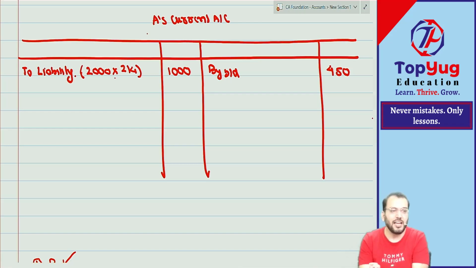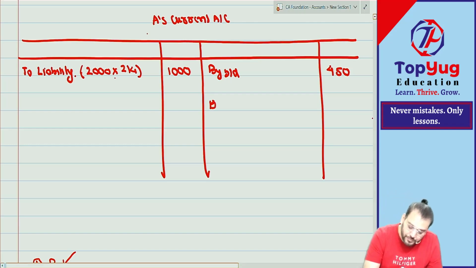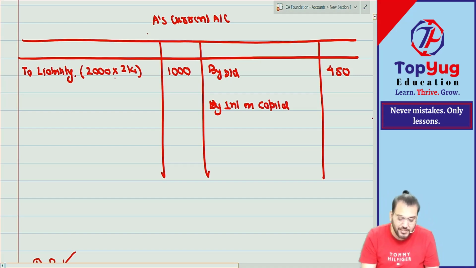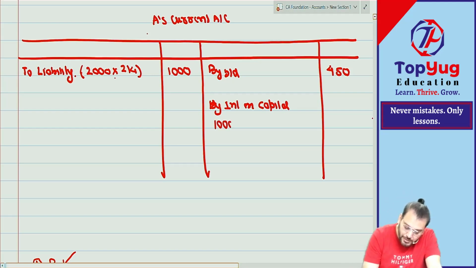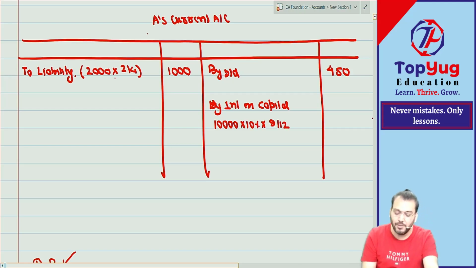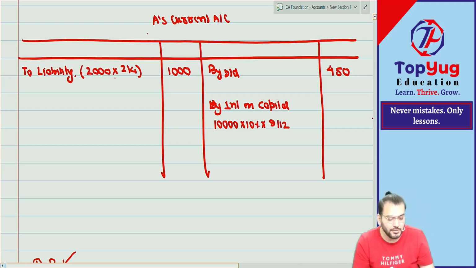Then he is also entitled to interest on capital. So by interest on capital. What is his capital? Fixed capital, 10,000 into 10%. For how many months? Can I say 9 by 12?